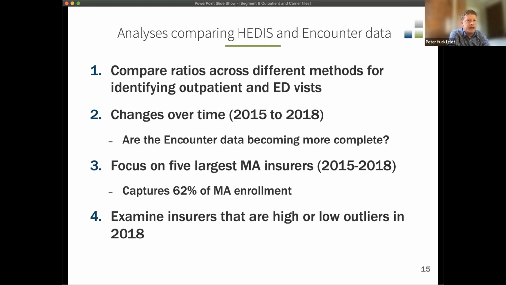We're going to focus on the 5 largest insurers between 2015 and 2018, capturing 62% of Medicare Advantage enrollment. The idea being that maybe size contributes to the ability to submit these comprehensively. And then finally, we examined Medicare Advantage organizations that were either high or low outliers in 2018 in terms of completeness.